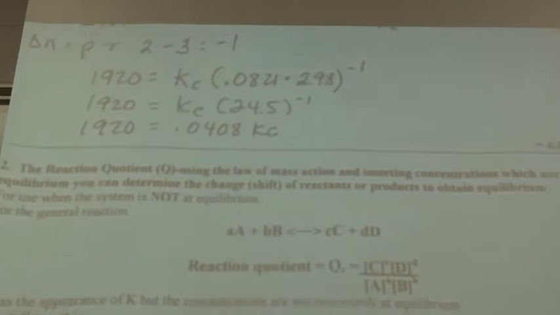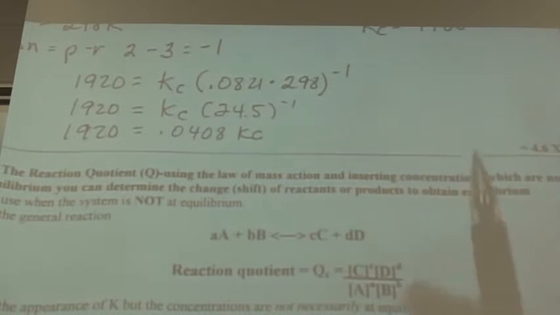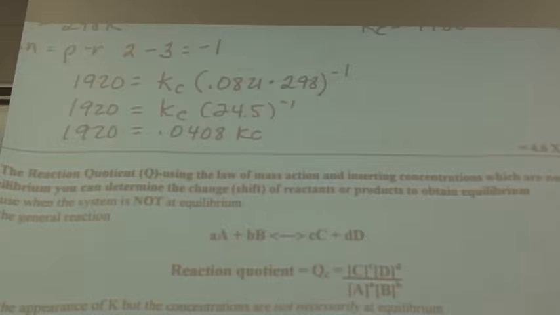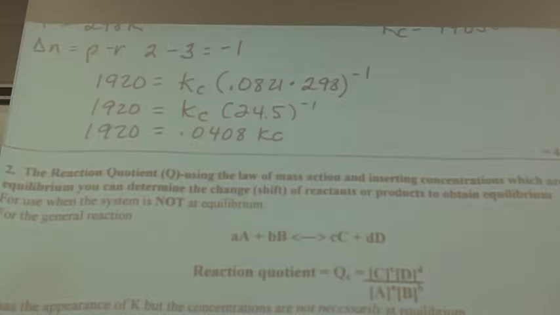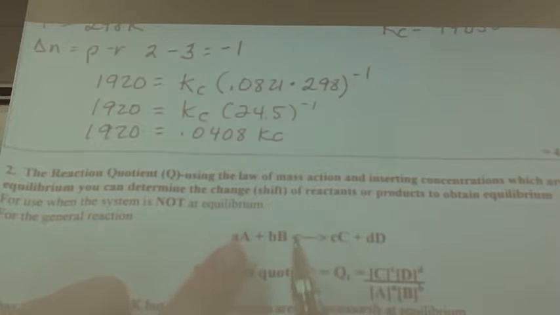The difference is the concentrations inside the brackets or the parentheses are not necessarily at equilibrium. They're given concentrations or pressures, and it's your job to determine whether those are the concentrations and pressures at equilibrium or which way the numbers must shift to reach equilibrium.